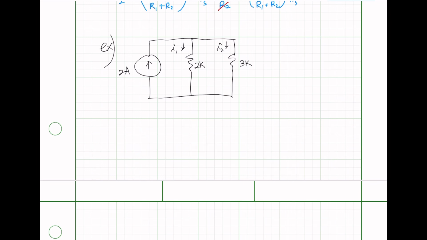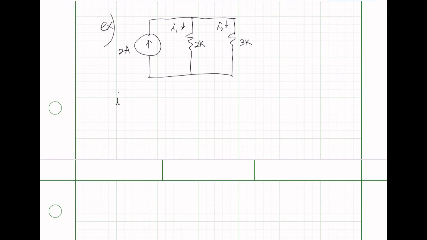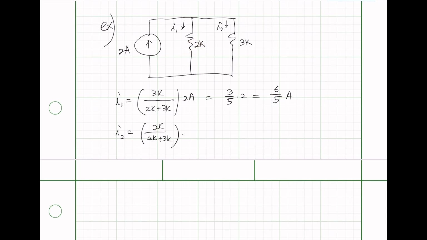But if we use just current division, we can do I sub 1 equals the opposite 3K over the sum, and then total current, that is 3 over 5 times 2, that is 6 over 5 amps. And I sub 2 is the opposite 2K over 2K plus 3K times total 2A, equals 2 over 5 times 2, and that is 4 over 5 amps. 2 amps go into this node and split into 6 over 5 and 4 over 5.